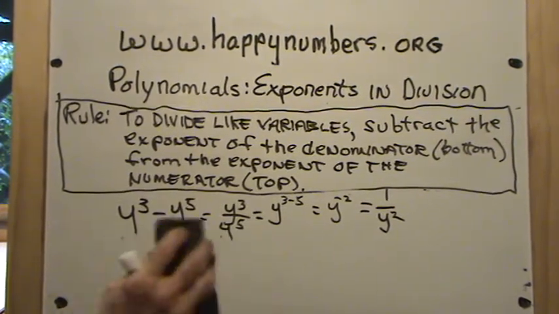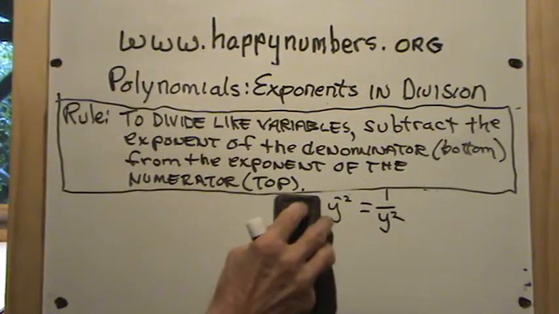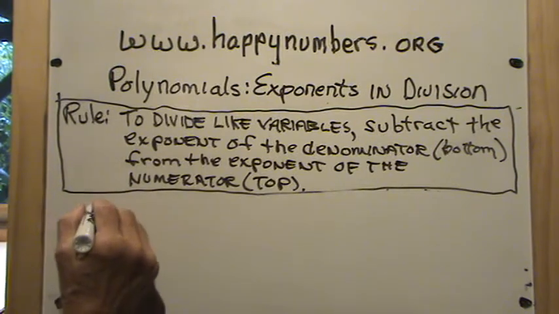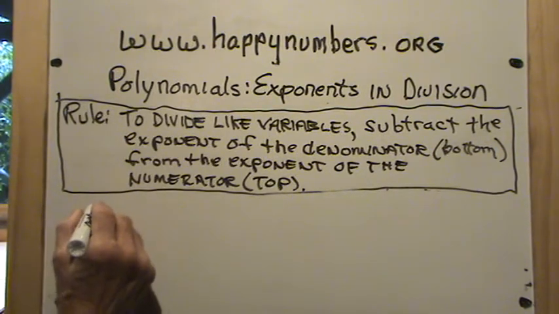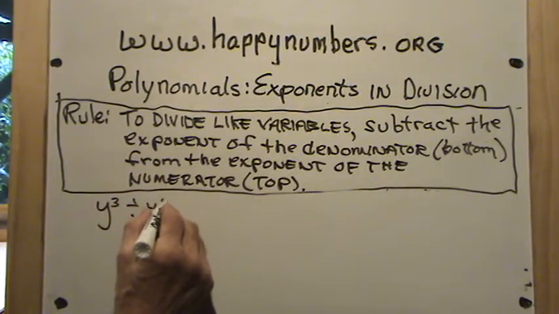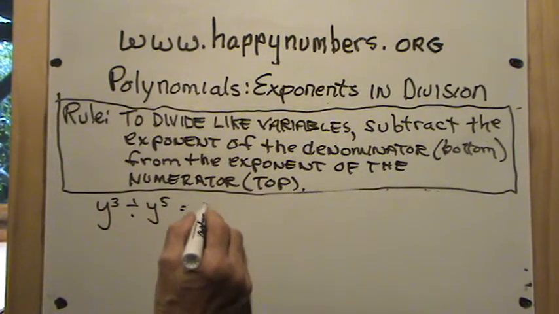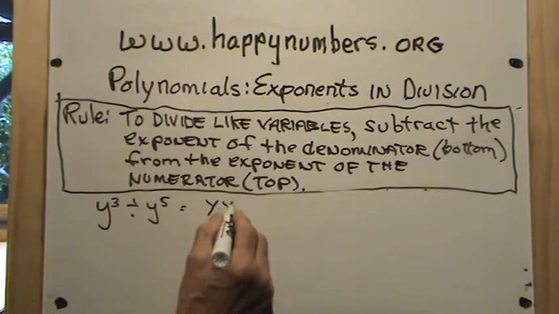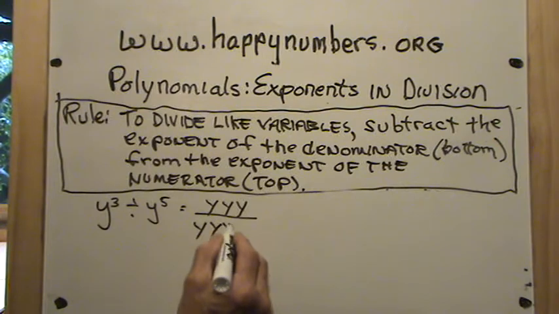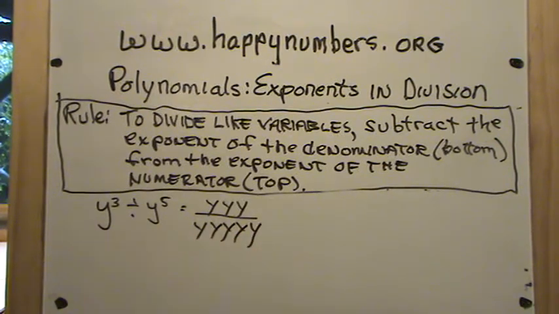Let me explain this, in fact. This can sometimes be a little confusing concept. Let's take y to the 3rd divided by y to the 5th. Well, that's equal to y times y times y divided by y times y times y times y times y.